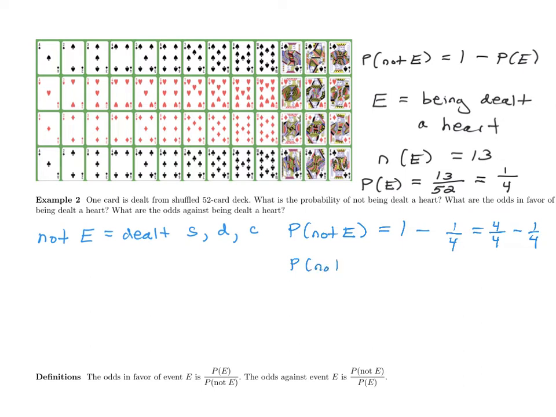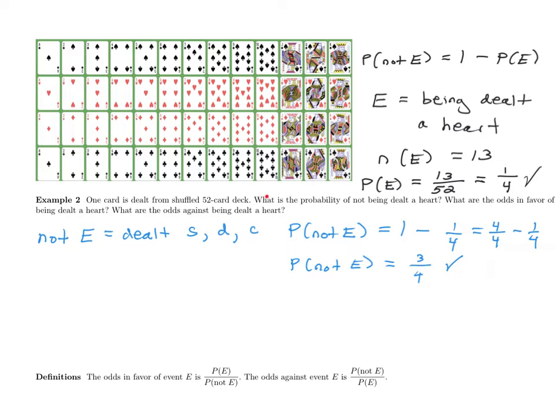So the probability of not E, completely simplified, is 3/4 after you subtract the numerators. That's it. So E happens 25% of the time, and not E occurs 75% of the time. But that makes sense. I mean, 3 out of the 4 suits is not E, so I was expecting 3/4.